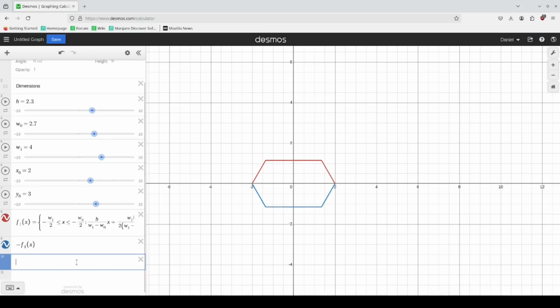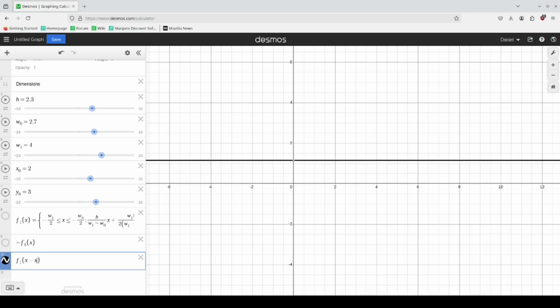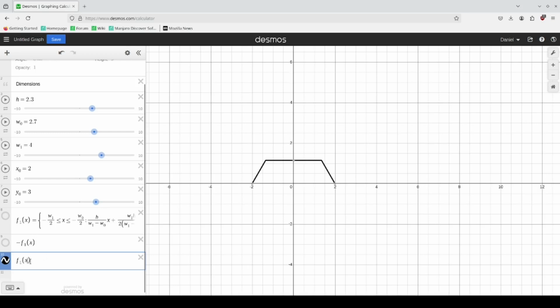And now what we can do is hide these two. And what does strip call it? F1 of x minus... So if you call it F1 of x as is, this is the exact same line.